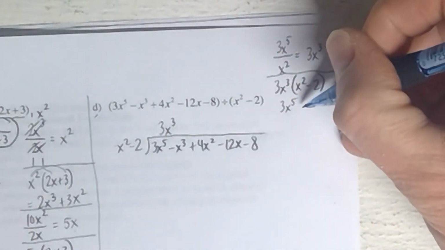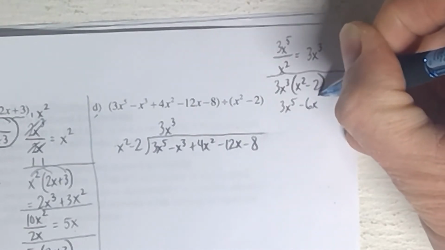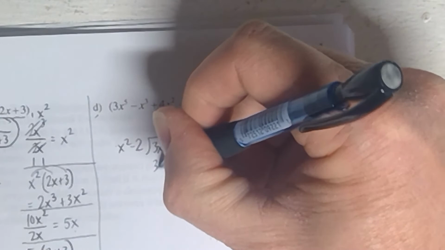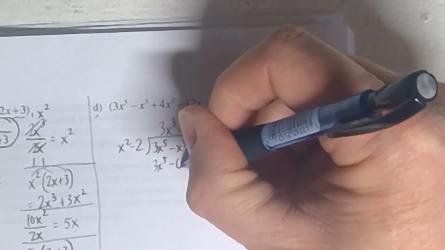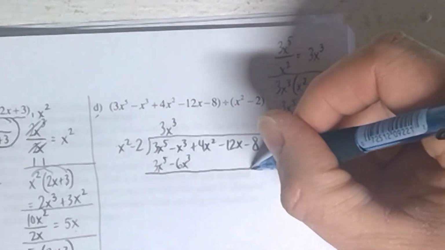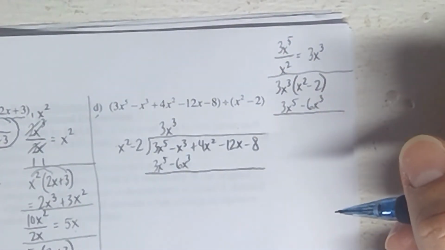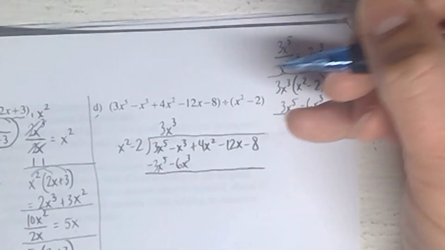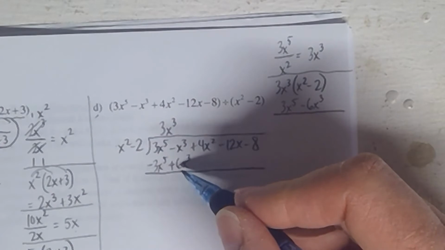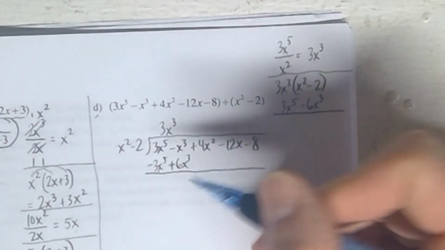What do we get if I distribute that out? 3x to the fifth minus 6x to the third. I bring that down, but I've got to change signs of that second line before I combine like terms. So that gives me negative here instead of positive, and then this one becomes positive because it was originally negative. Then we combine like terms.